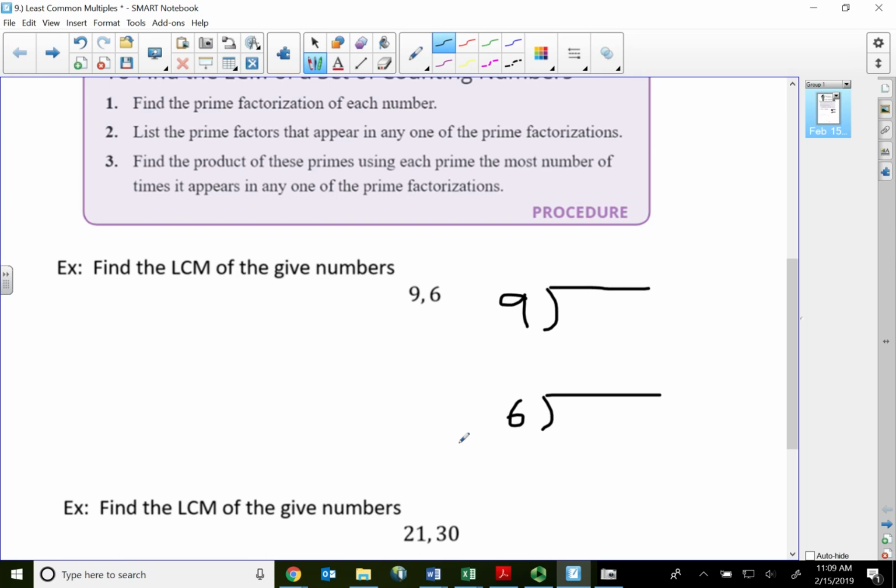That would be incorrect because 9 cannot go into 3, and 6 cannot go into 3. 3 is the common factor of 9 and 6. But the least common multiple is the number that my 9 and 6 can go into, so that number has got to be bigger than or the same as my given numbers.